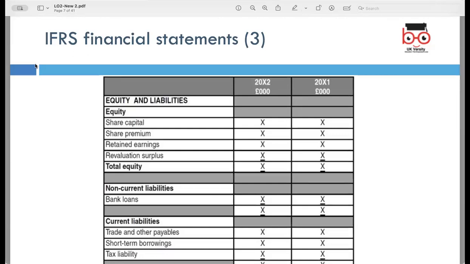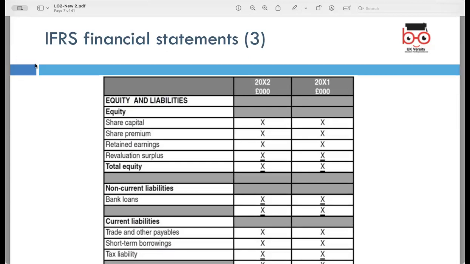Under equity, we have share capital, share premium, retained earnings, revaluation surplus, total equity. Then non-current liabilities, bank loans; current liabilities, for example trade and other payables, tax liabilities; so total liabilities, total equity and liabilities.